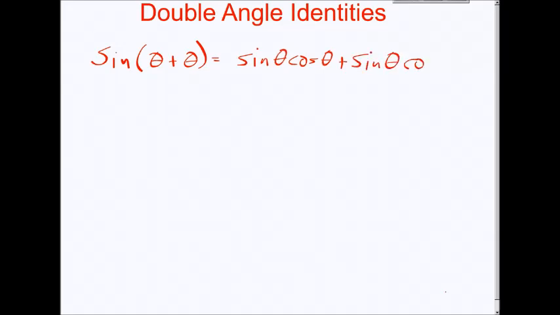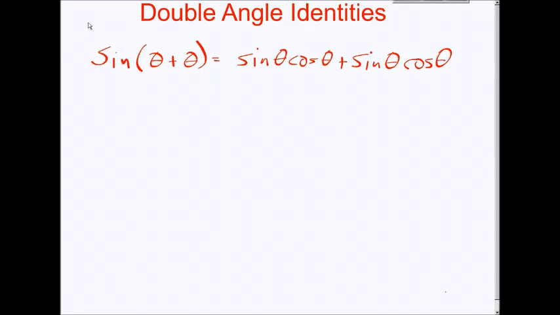Consider if we have the sine of theta plus theta. Well, we know from our angle addition formulas that that is sine of theta cosine theta plus sine of theta cosine theta.